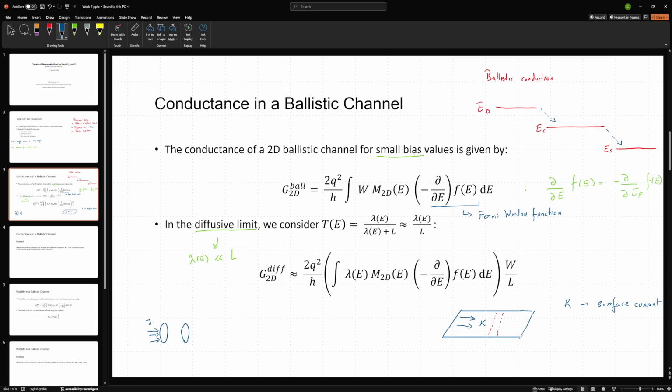So this is J in and this is J out. These are vectorial quantities, and I is equal to J dot A.